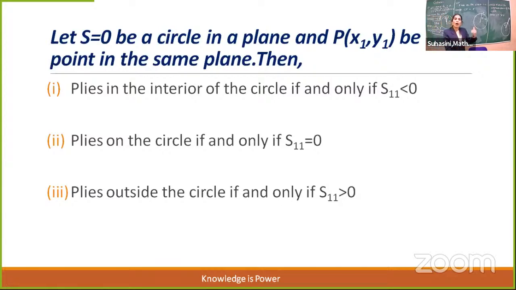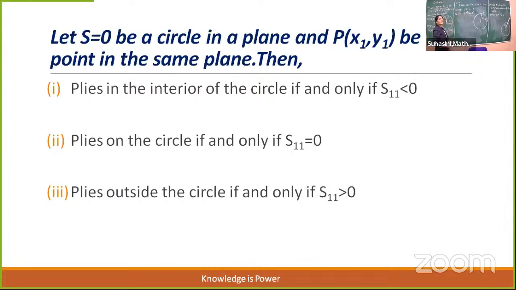If the point P lies inside the circle, it satisfies the condition CP square minus R square less than 0. If CP square minus R square less than 0 is satisfied by a point, then the point lies inside the circle. In the same way, if CP is equal to R, squaring on both sides, CP square is equal to R square.